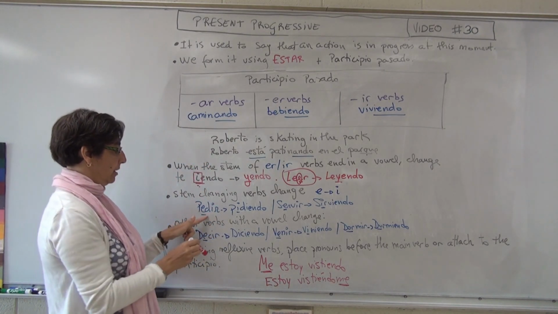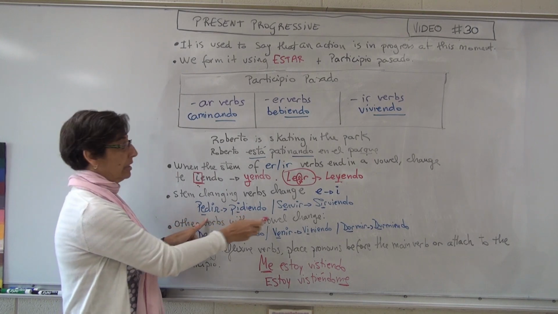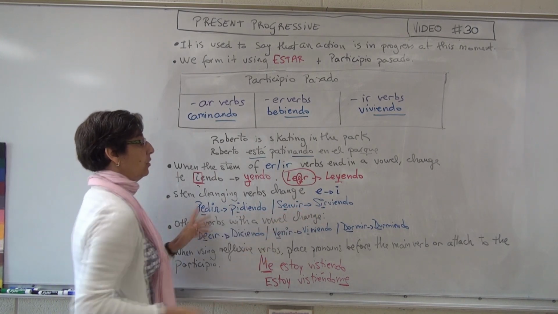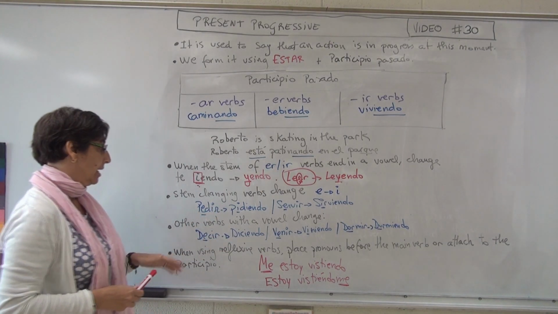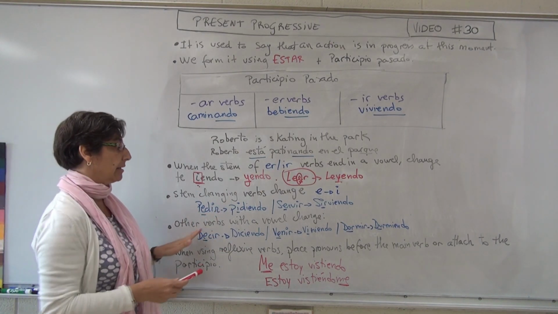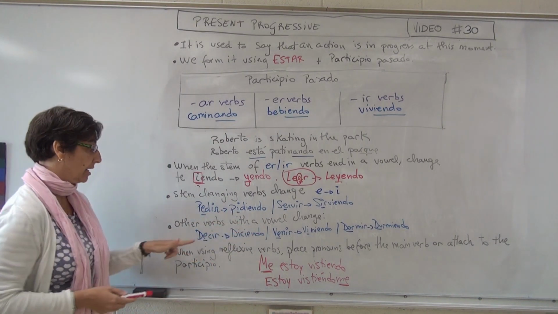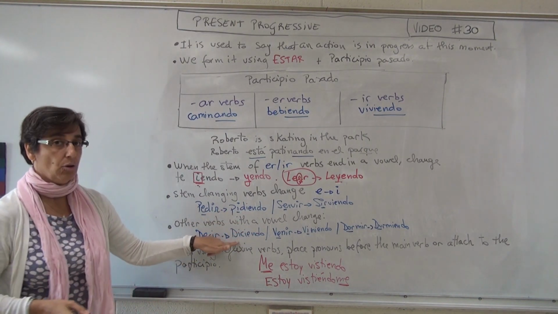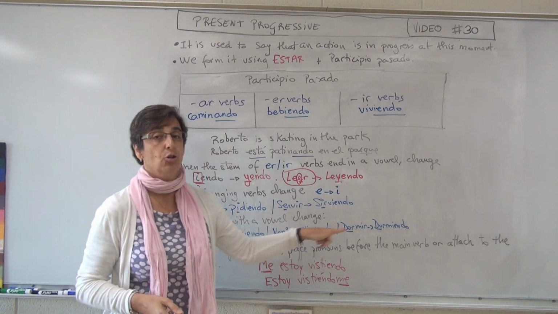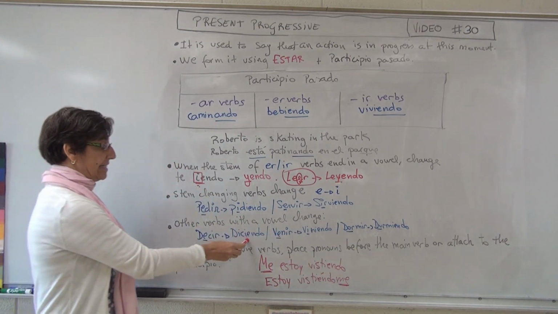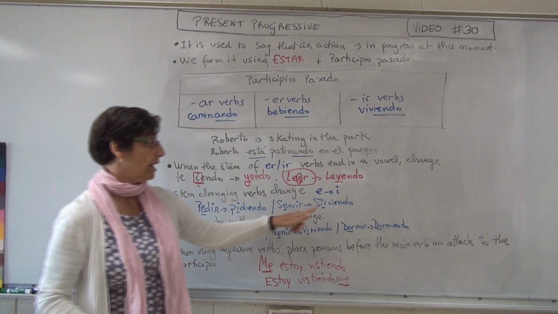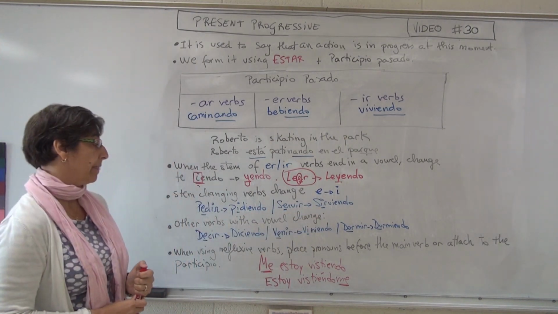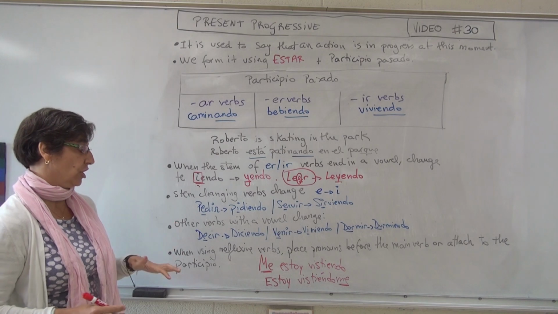So pedir, we will say pidiendo. Servir, sirviendo. These are stem changing verbs or boot verbs. Other verbs that have a vowel change are decir, diciendo, venir, viniendo, dormir, durmiendo: saying, coming, sleeping, asking for, and serving. Okay? These are the verbs that have a change.